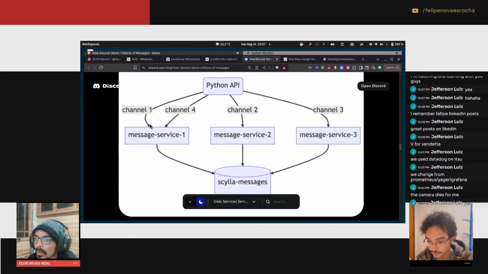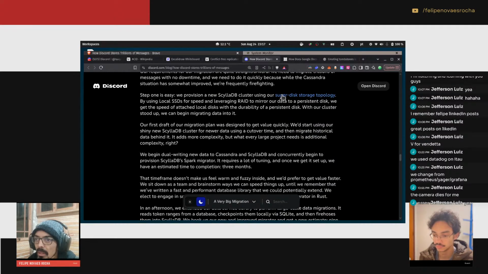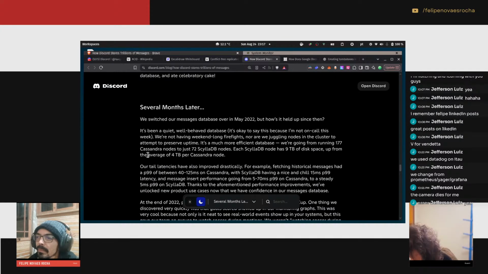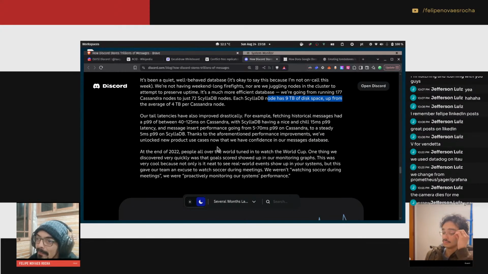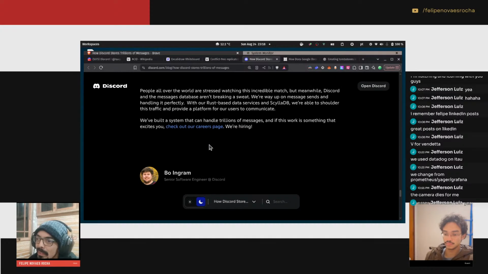Python API, some services, a very big migration. Imagine that super disk storage topology. Oof, that's a good one to see. This kind of migration and how they do it. Seven months later, 4 terabytes. Damn, 177 nodes. Each ScyllaDB node has 90 terabytes of disk space. That's gonna be awesome.